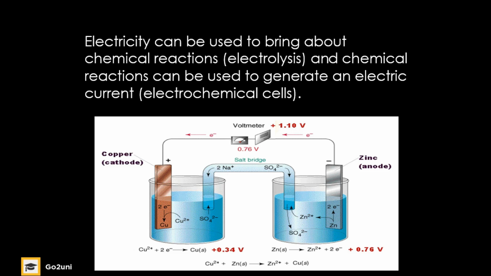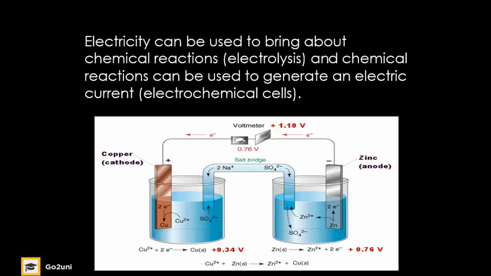But on the other hand, there are certain chemical reactions that will take place and thus lead to the generation of electricity. This kind of reaction is referred to as electrochemical reactions, and the devices that bring about this kind of reaction are simply electrochemical cells, just as we can see in the picture displayed.